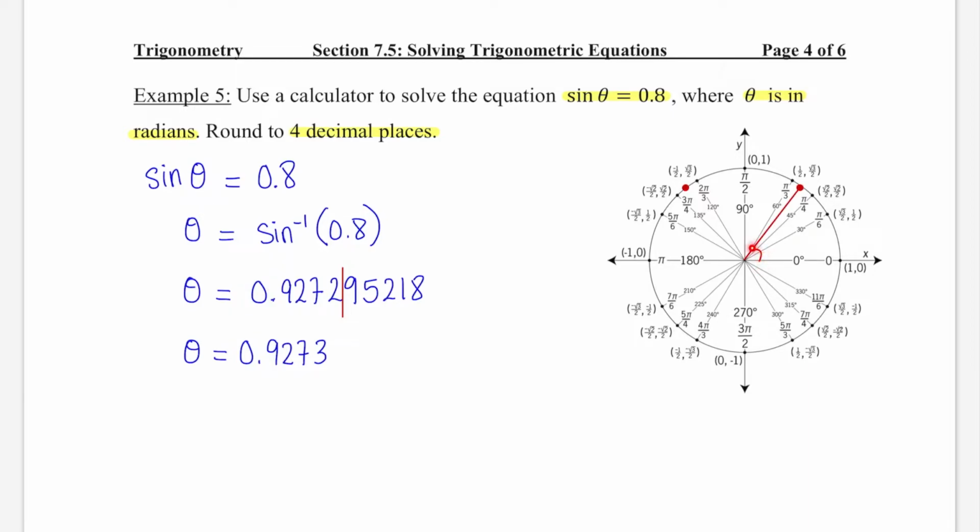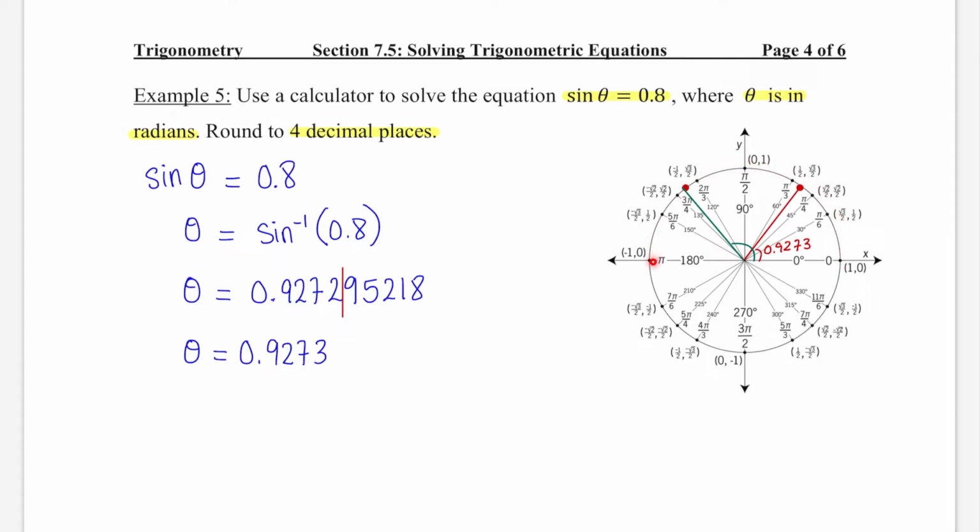The angle from 0 to this red ray is 0.9273. And this is 0.9273 radian, not degree. Now, I need to find the angle from 0 to this green ray right here. I don't know what that is, but I know this is equivalent to 0.9273 right here.